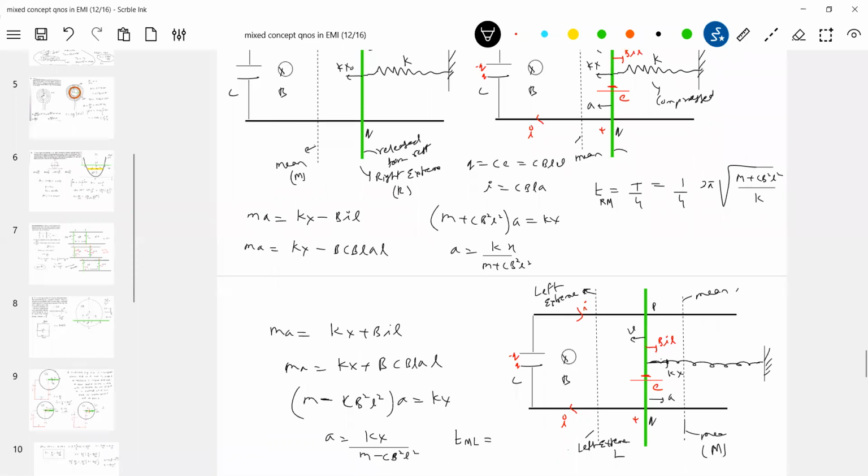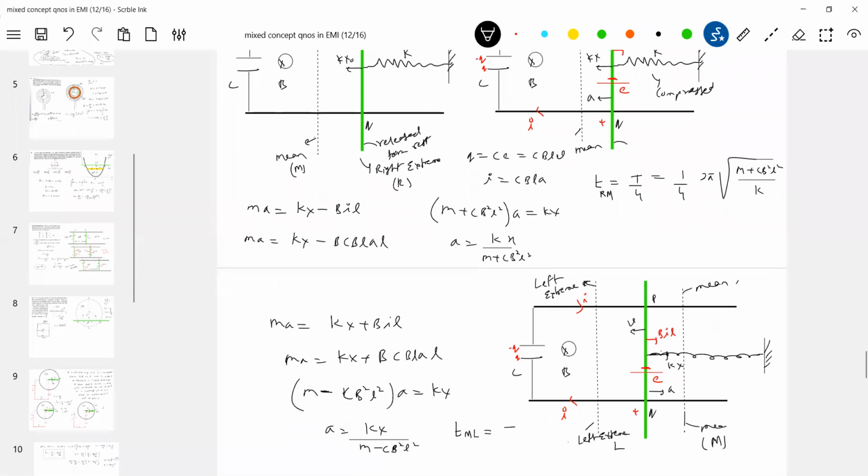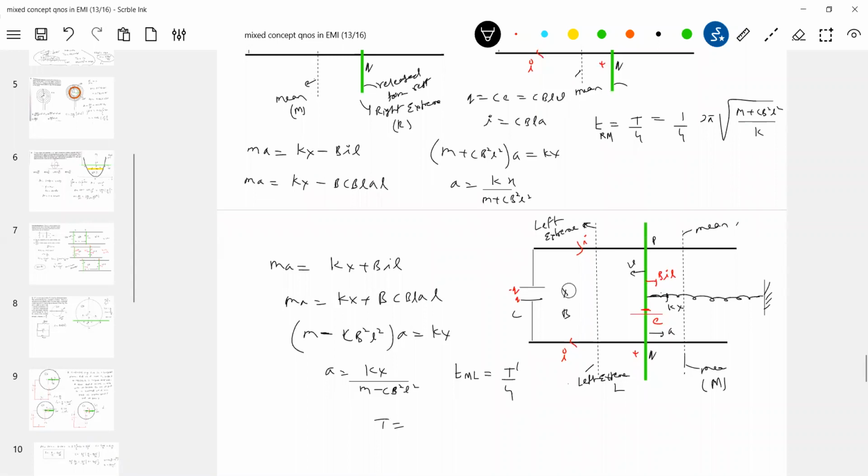How much should it be? 1/4 of what we calculated here. This will be called T dash. And what is T dash? T dash should be 2 pi root of (m minus c b square L square) by k.